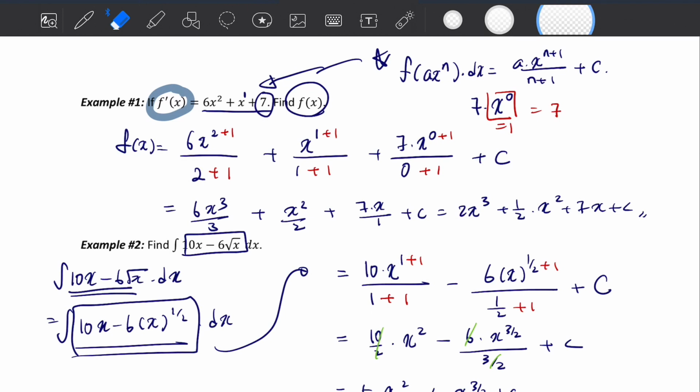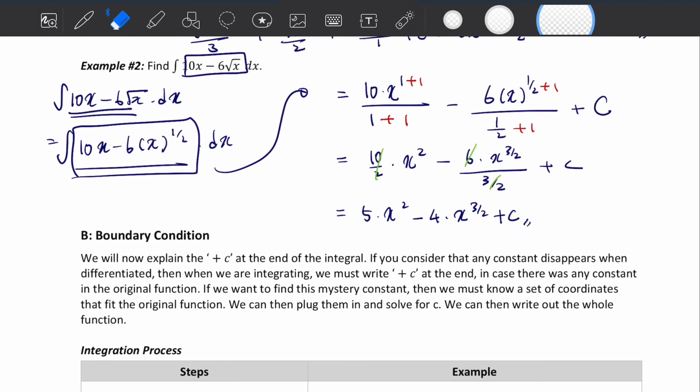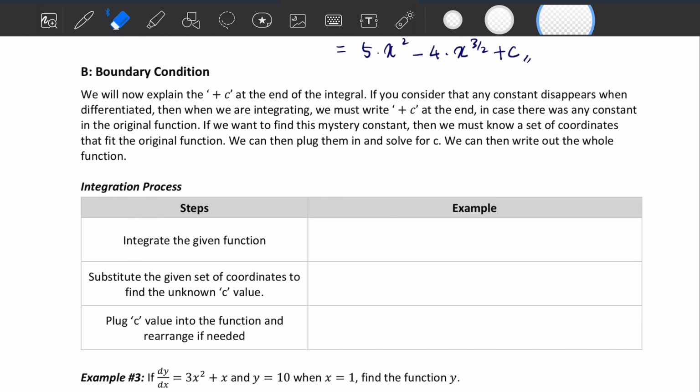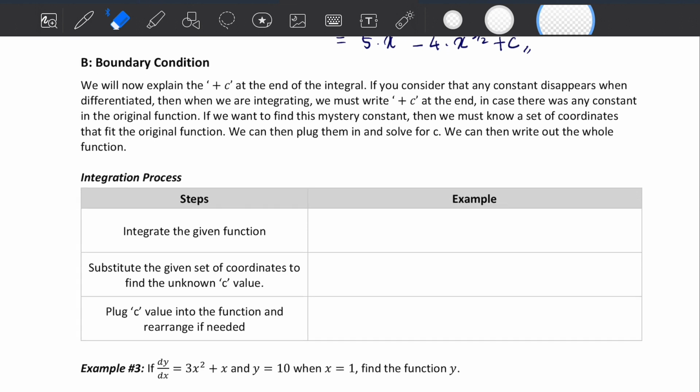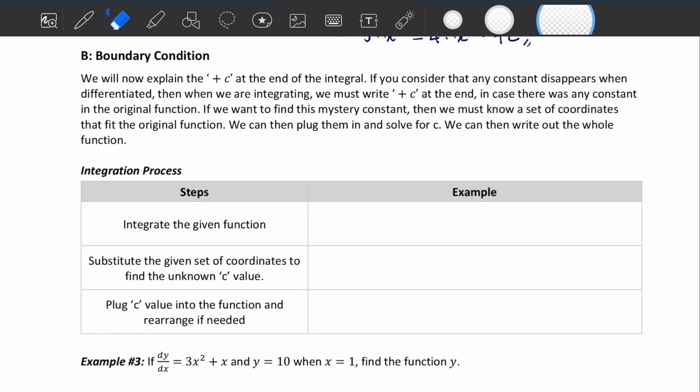Okay, so far we have tried to find the antiderivative of these functions with that unknown c, the constant, right? So now we're going to try to find that constant at the end of the integral. Consider that any constant disappears when we differentiate, so when we integrate we must write that possible c at the end in case there was any constant in the original equation.